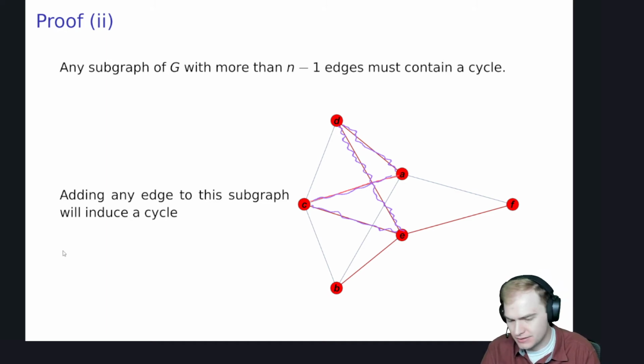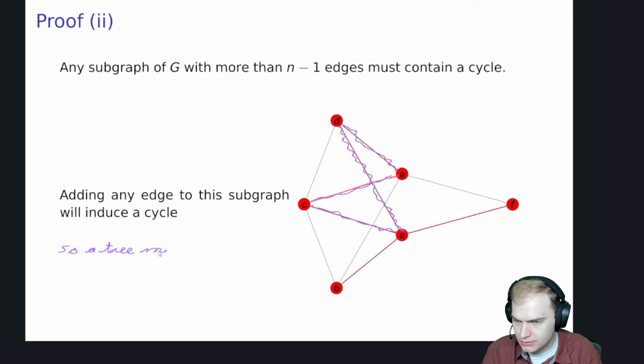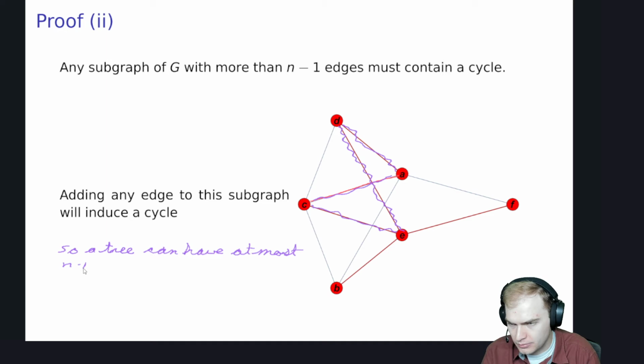So what this means is that a tree can have at most n minus 1 edges.